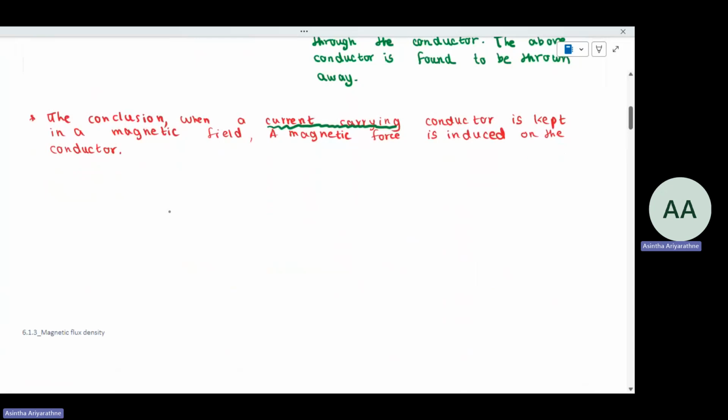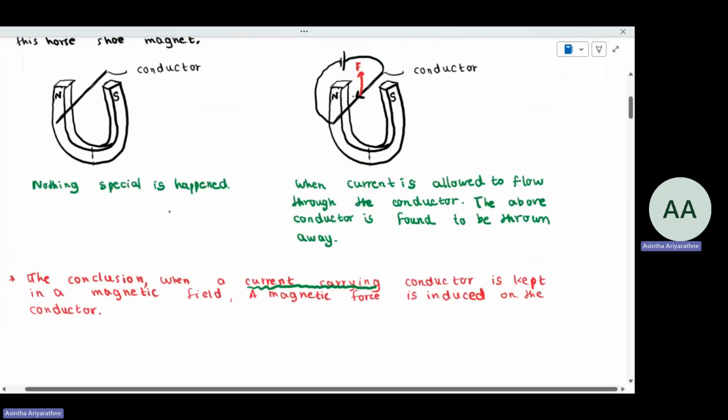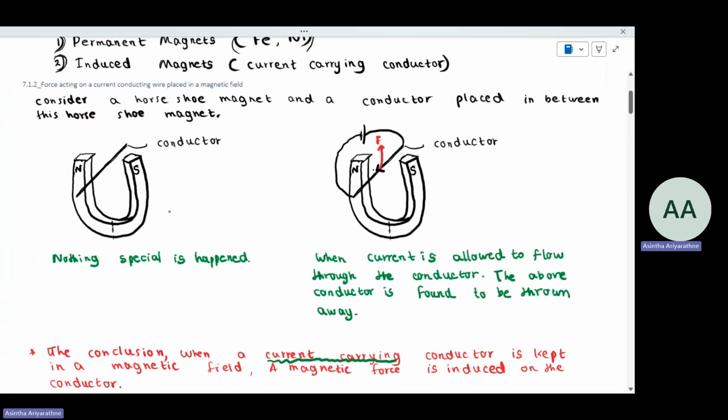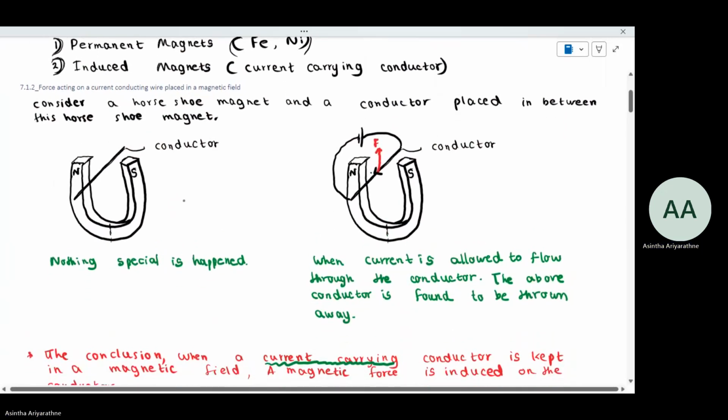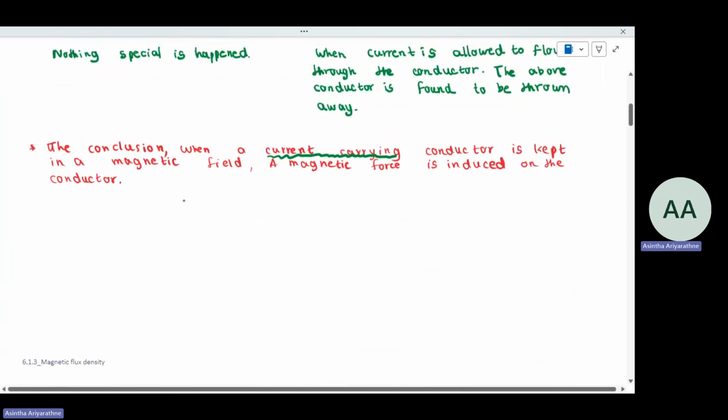Now we'll try to find an expression for that. We know what happens here: when a current carrying conductor is kept in a magnetic field, there would occur a force. Now let's try to quantify it.